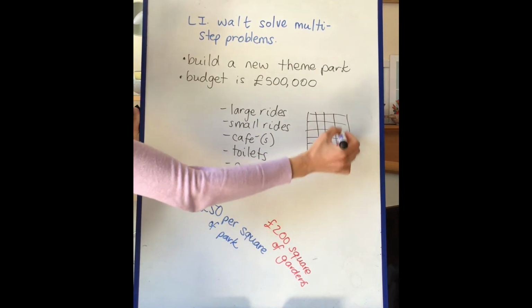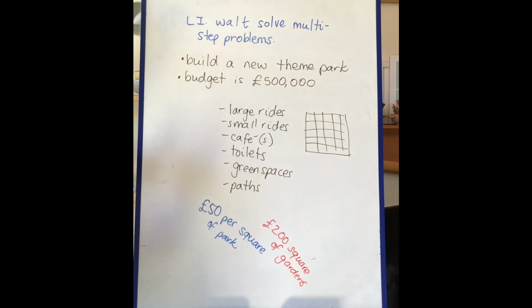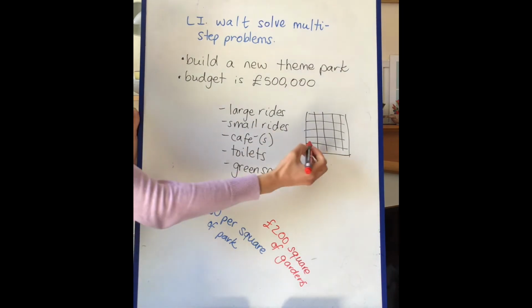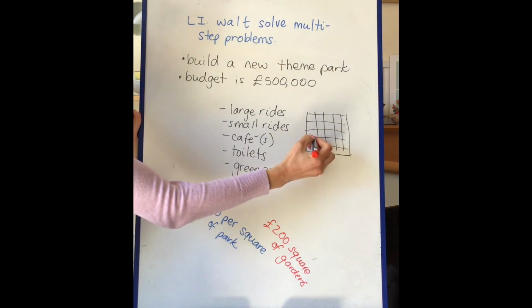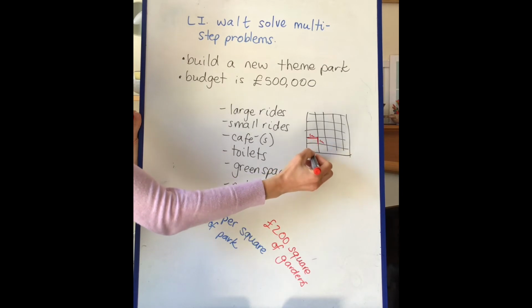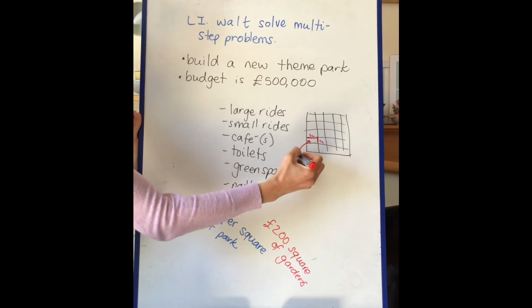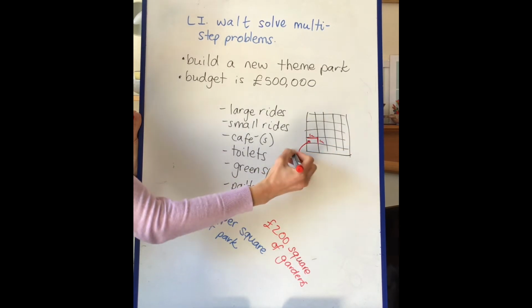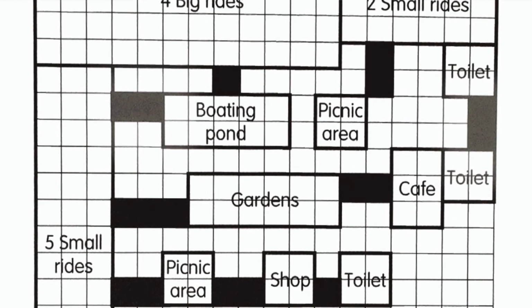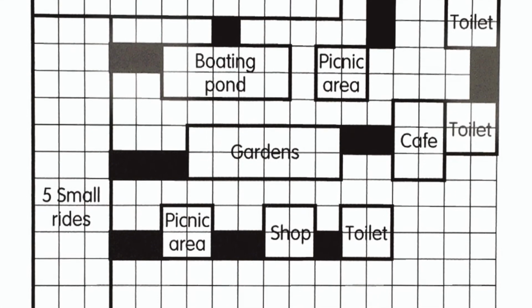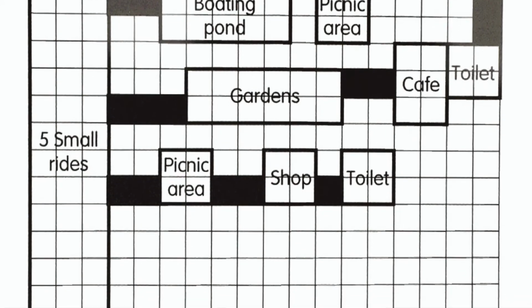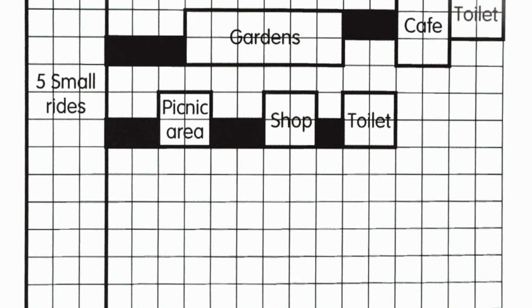So we're pretending that the distance between the lines in your jotter is 1 meter. So this is 1 meter, this is 1 meter. So each square is 1 meter square. Okay, and that will help you with the adding of the costs together.